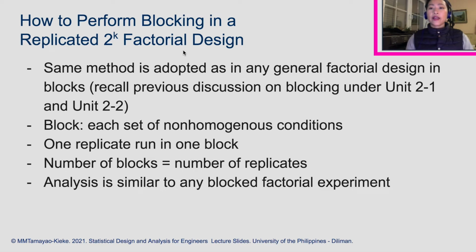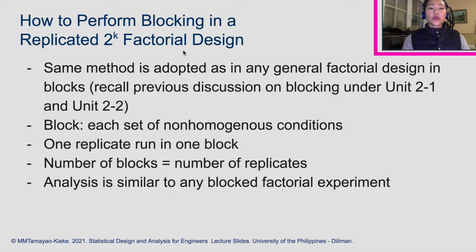Now, having said that, how do we actually perform blocking in a replicated 2 to the k factorial design? Well, it's actually the same method as in any general factorial design in blocks. And for this, recall the previous discussion on blocking under Unit 2-1 and Unit 2-2.